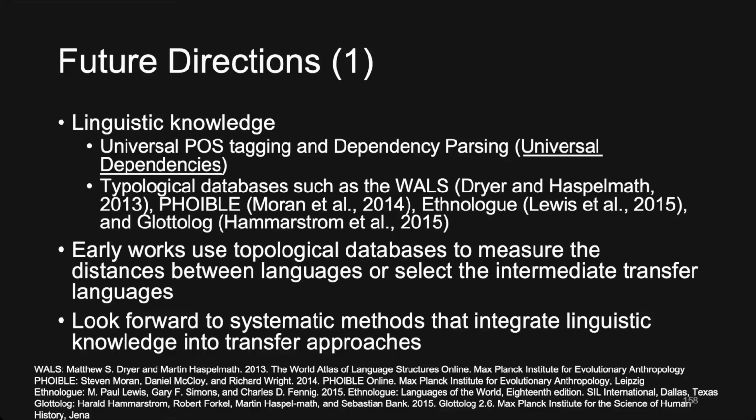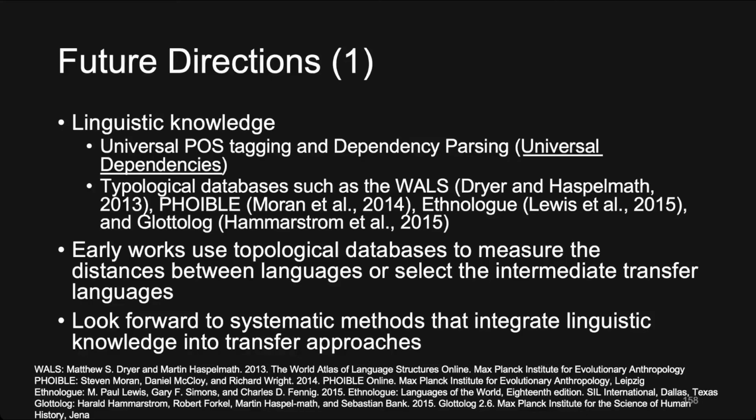These efforts can definitely help to universalize the language representations. But at the same time, more and more typological databases are available now, such as the World Atlas of Languages Structures, Ethnologue, and so on.